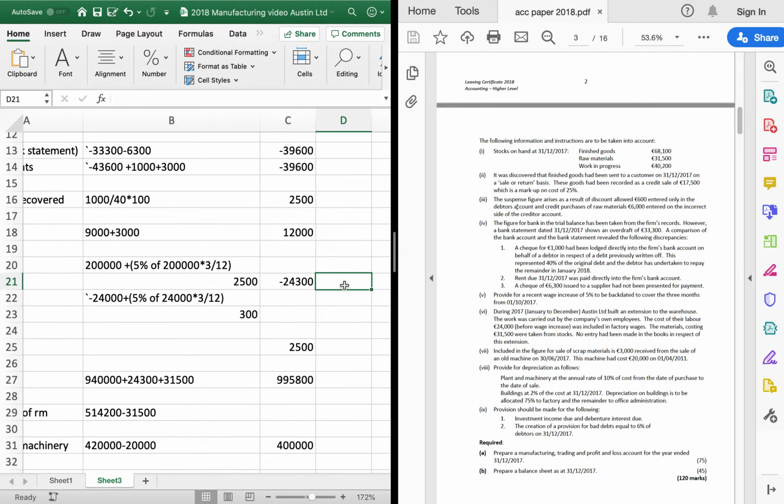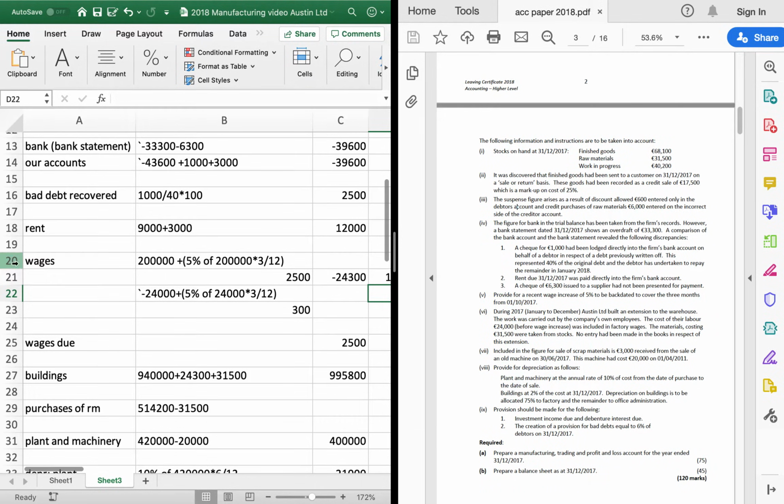So that is 200,000 plus 2,500 minus 24.3, which is 178,200. That's our factory wages. We should call it factory wages for the sake of the answer. Okay, so that's that one done.